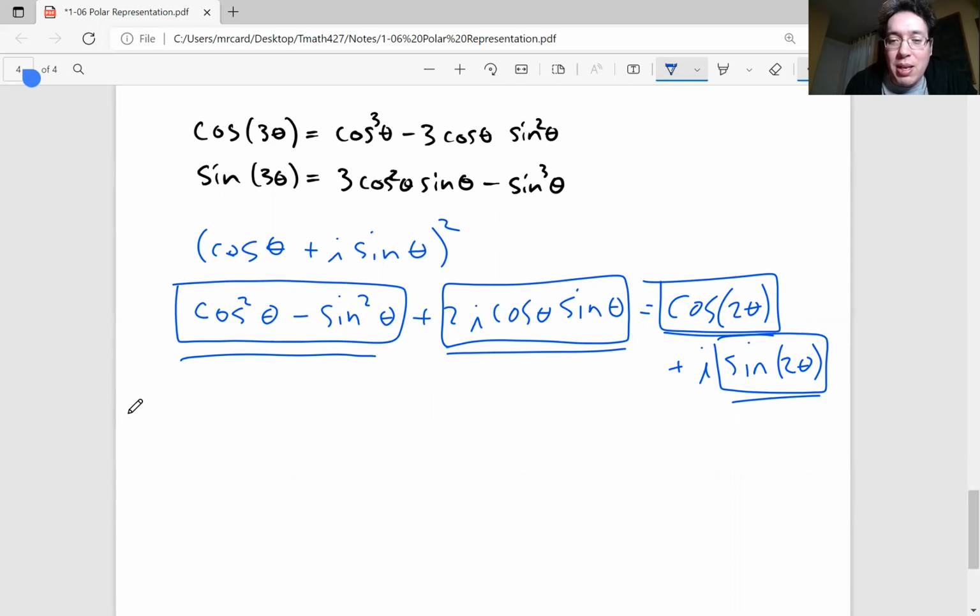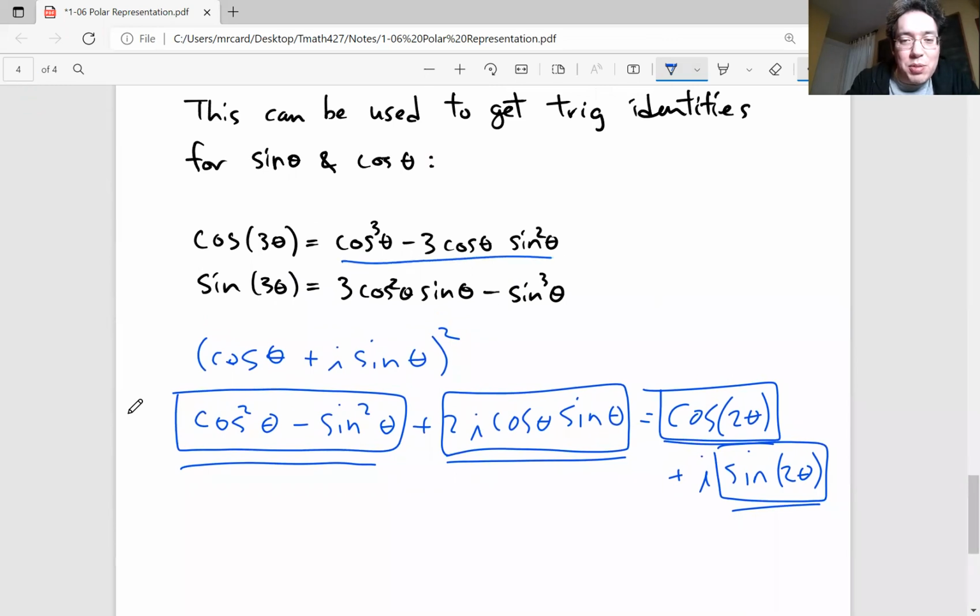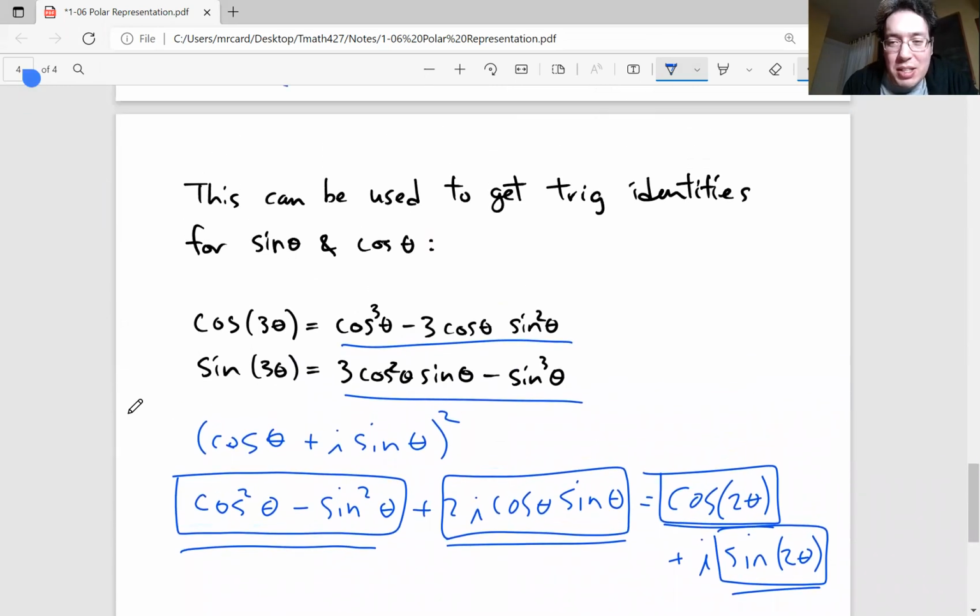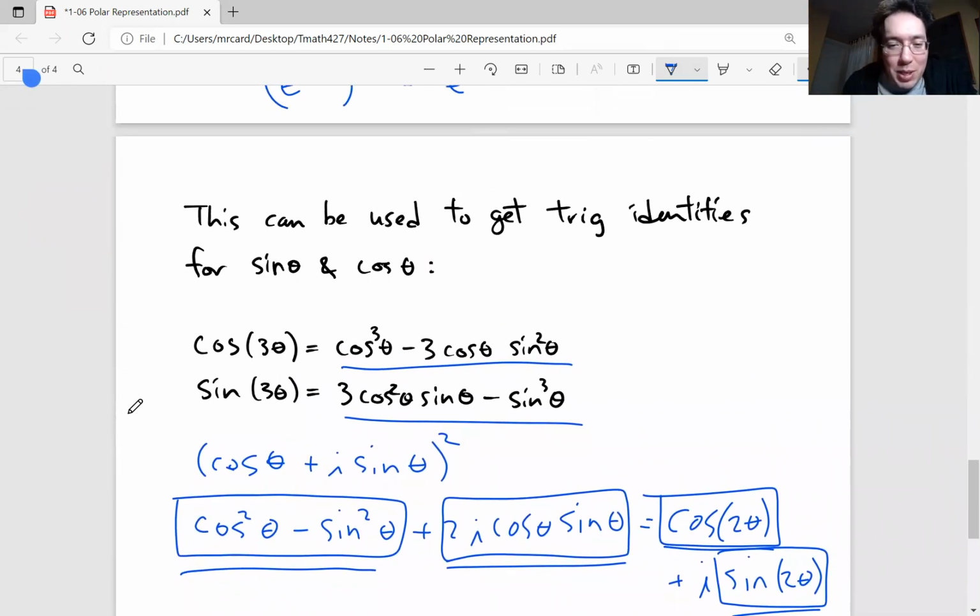And then it takes more work, but if you multiply another factor of cosine theta plus i sine theta, FOIL it out again, you should be able to prove the triple angle formula. Or if you're bored enough, you could do the heptuple angle formula, right?